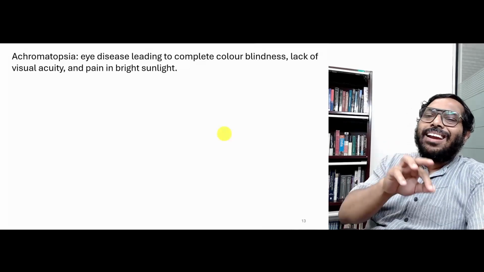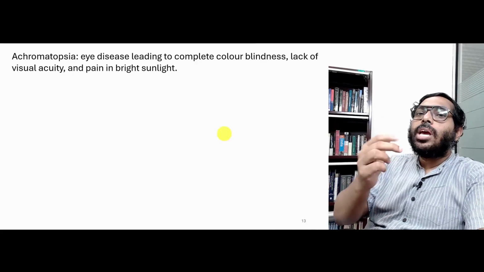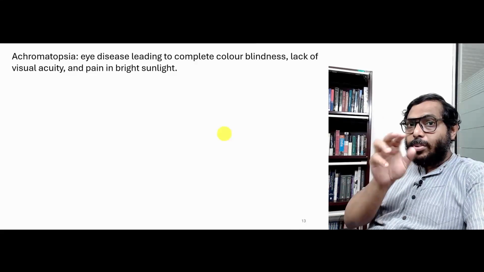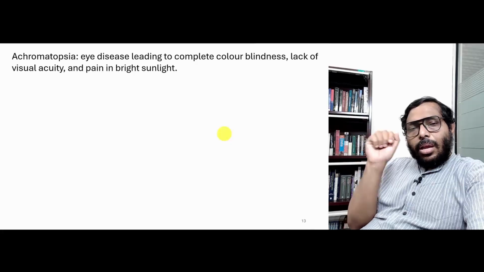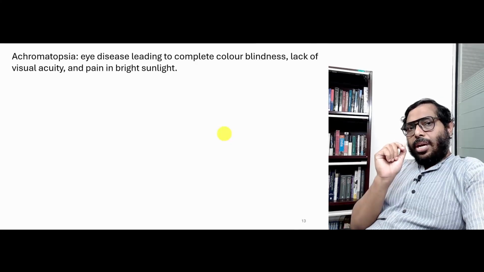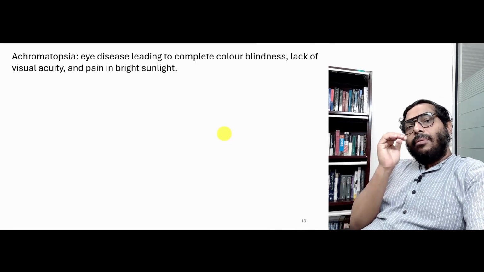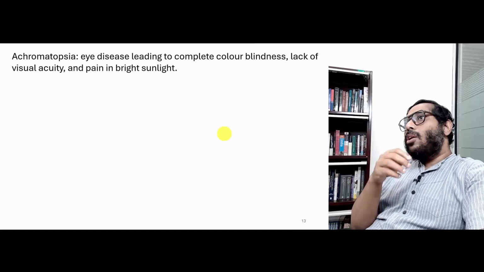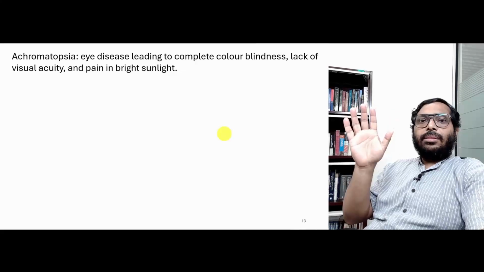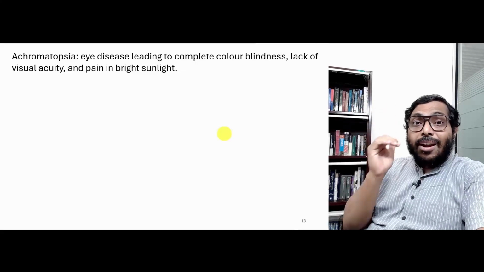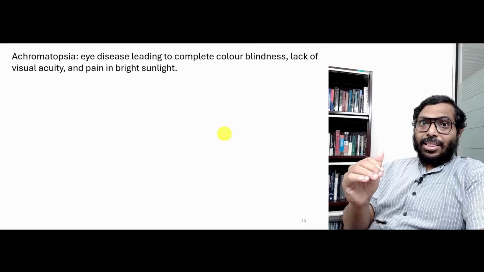So, let us say red green color blindness or blue yellow color blindness, people cannot distinguish between that pair. In the context of achromatopsia, they have complete color blindness, which means that they cannot distinguish any color, they see the world in black and white, okay, that bad.